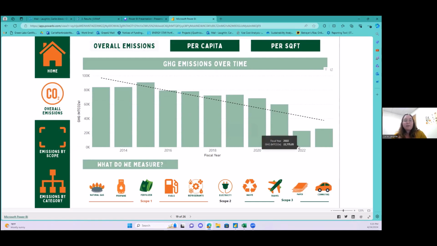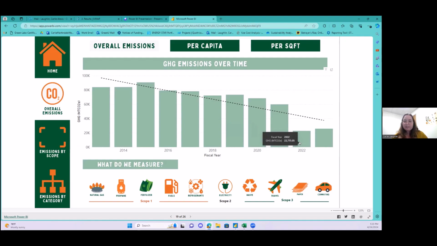In 2022, that was the first year in which we had been able to source RECs to serve as carbon offsets for our electricity usage.